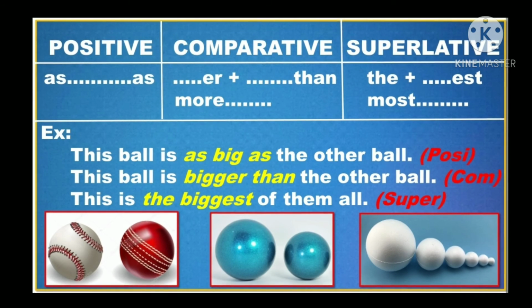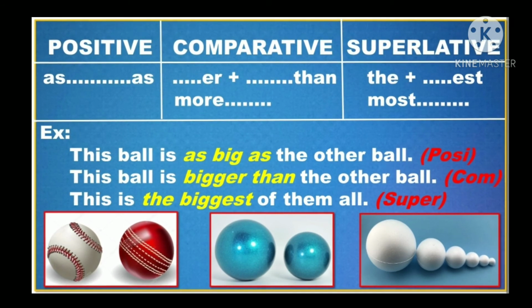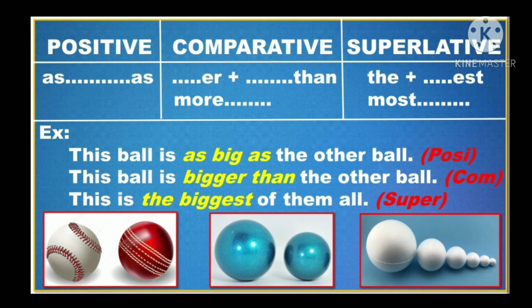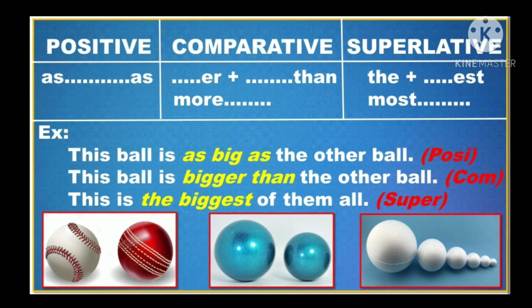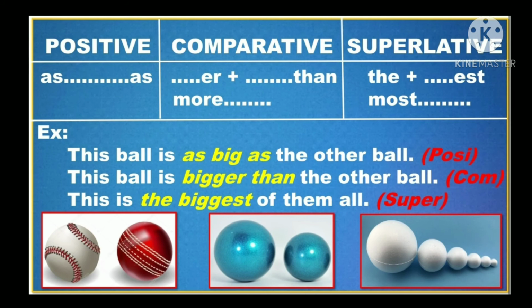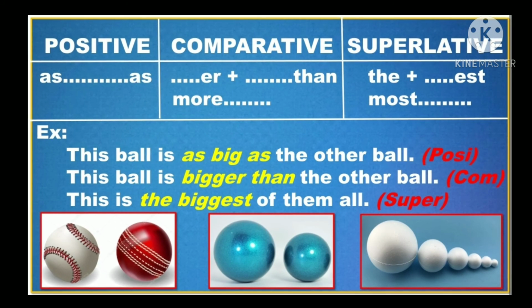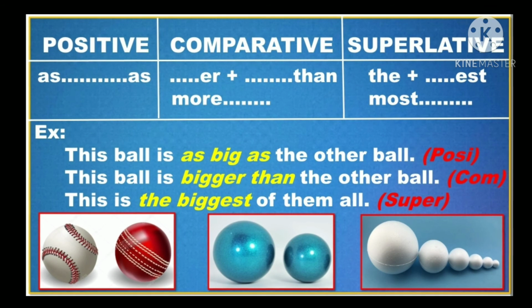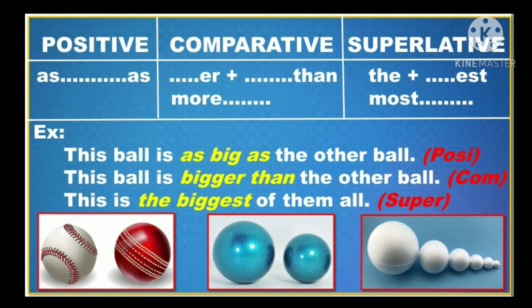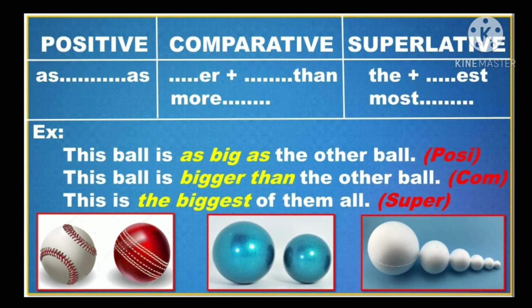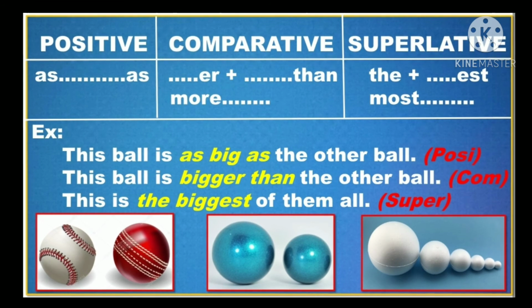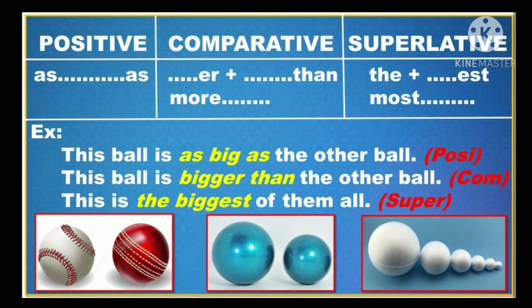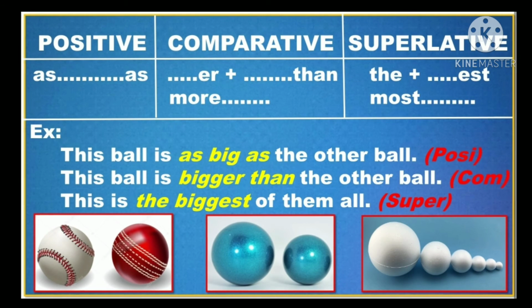Look at the examples. The first one is, this ball is as big as the other ball. This is positive because we have as with the adjective word. Here we are comparing two things which are very similar to each other. Got it? Okay. And look at the second sentence.